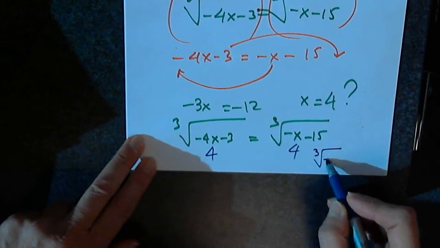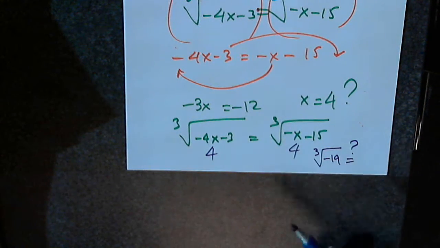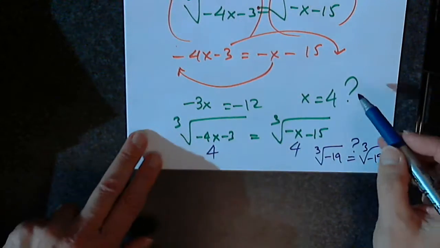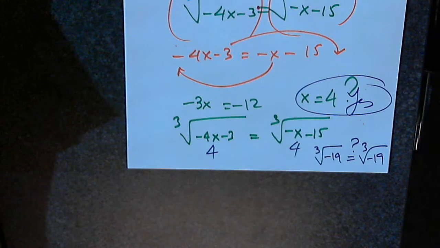So the cube root of -19, does this equal -4 minus 15, which is the cube root of -19? So I'll say yes. But remember the little hint that I gave you? Every time you raise both sides to an odd power, the prospective solution should work.